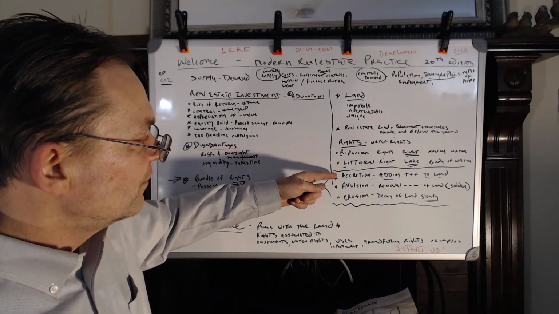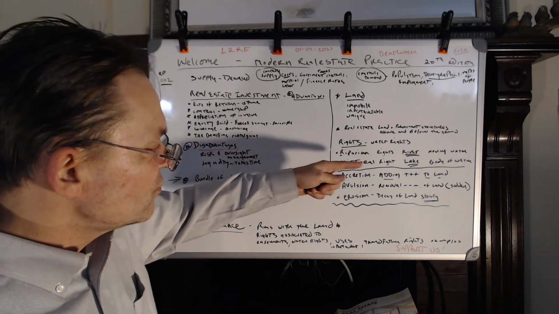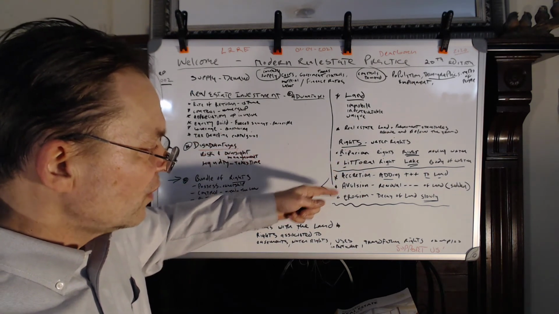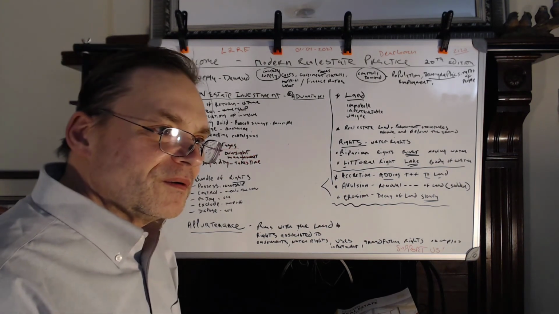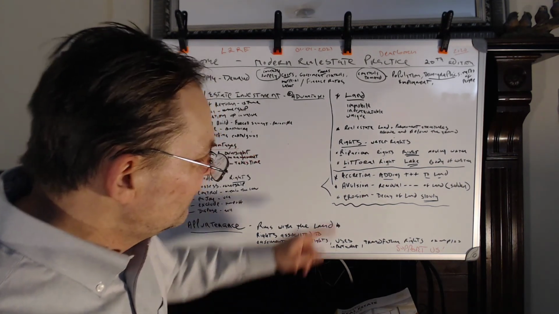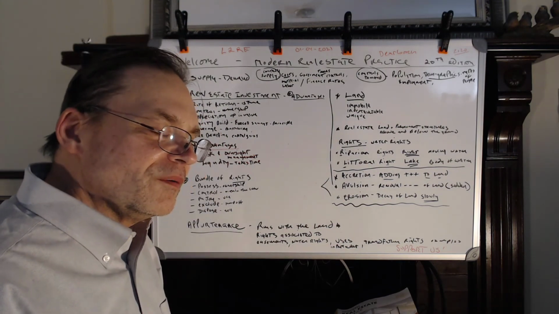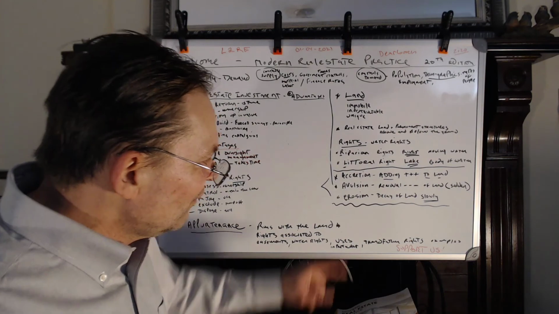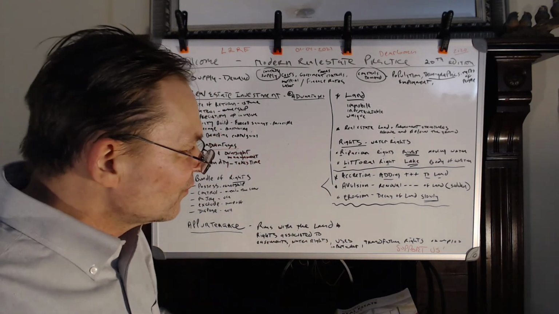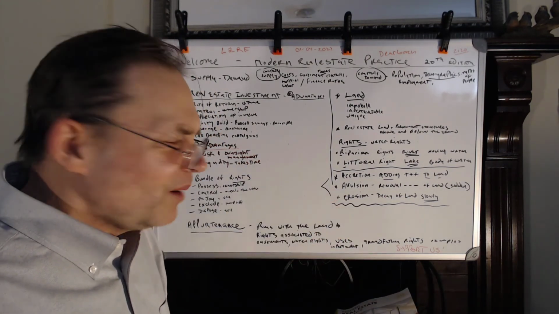Accretion is adding. Accretion, add. Avulsion sounds like a tummy ache. You have to think of something in your head that avulsion relates to. It's kind of like a nasty name.